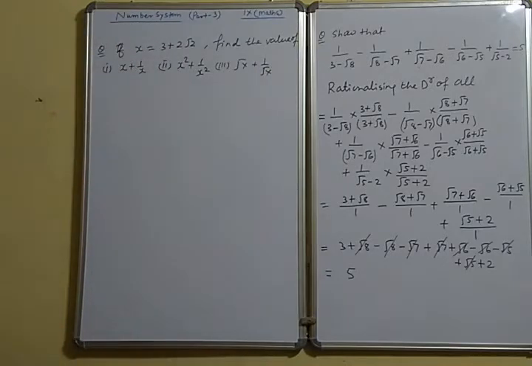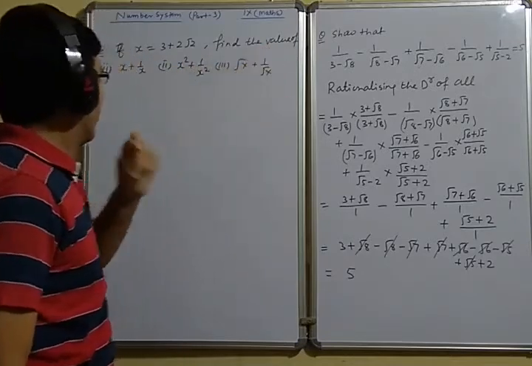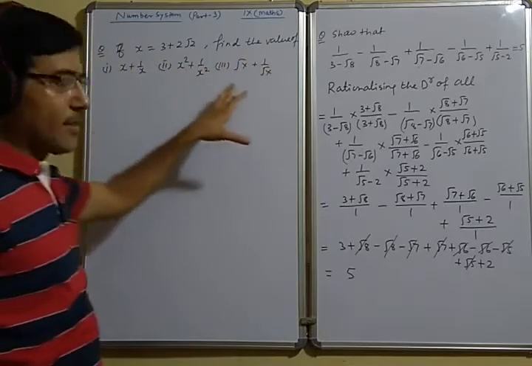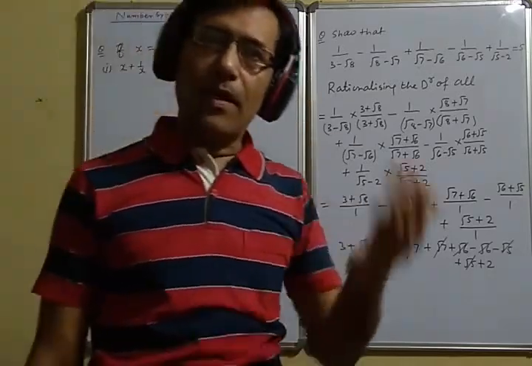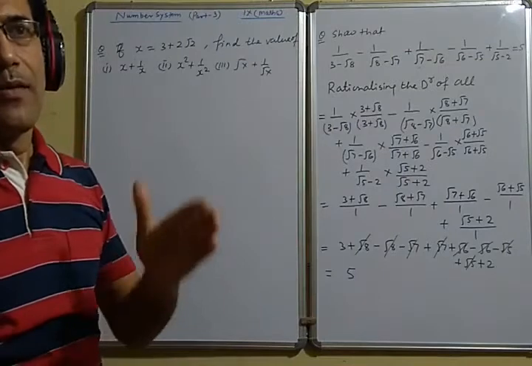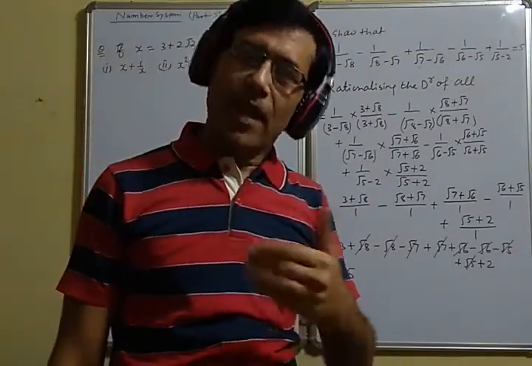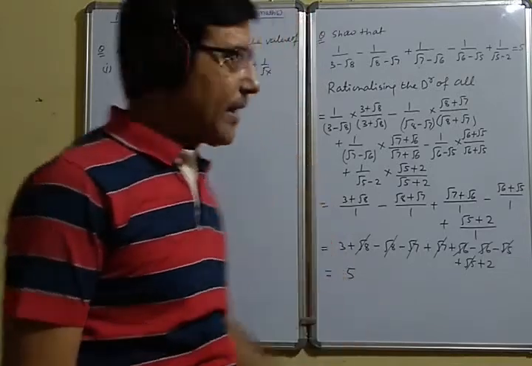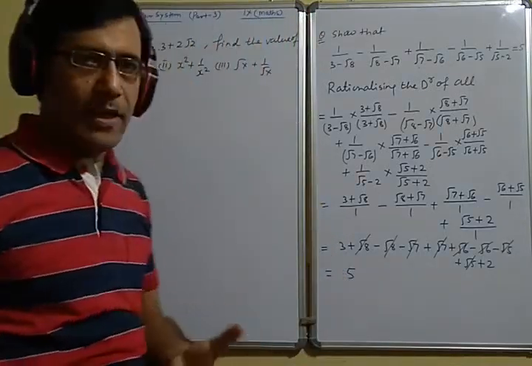Now here x is given, we have to find out the value. To simplify such a question, first of all we have to find out 1 upon x. If x is given, then we will find 1 upon x by finding its multiplicative inverse.